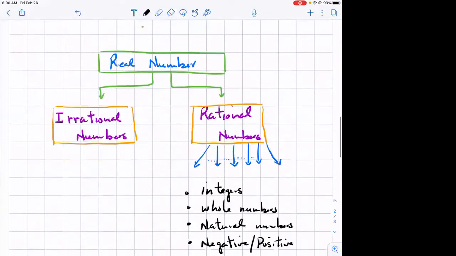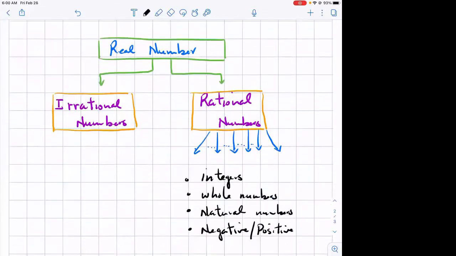So keep in mind that if someone asks you for your age, and let's say you're 25, okay? 25 happens to be a whole number, but 25 also is an integer. 25 is also an odd number, okay? 25 is also a natural number.